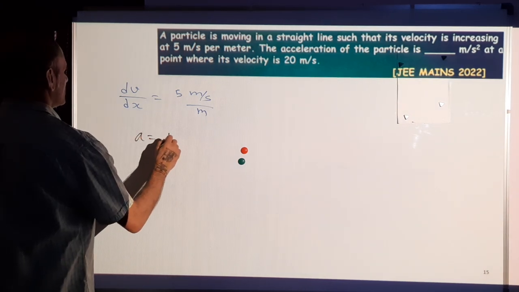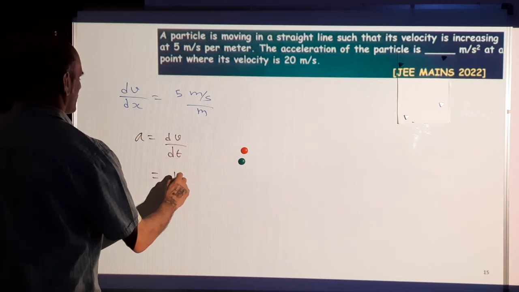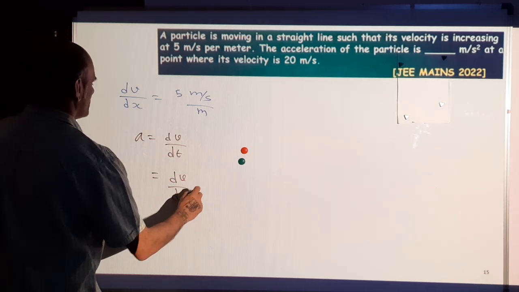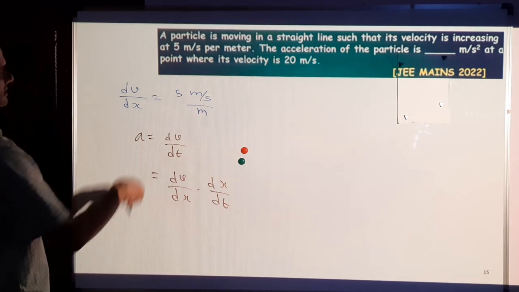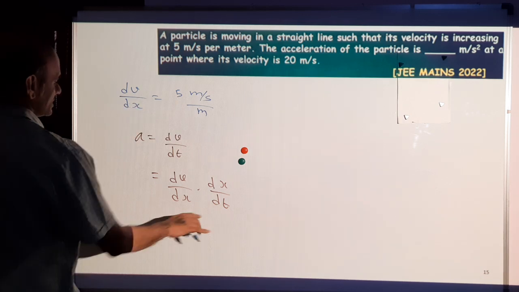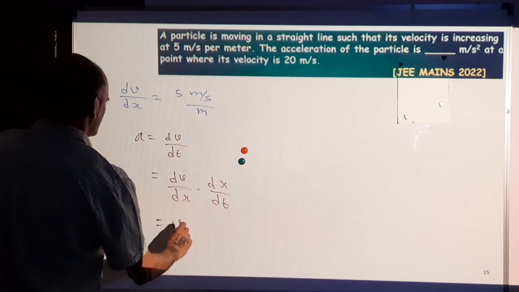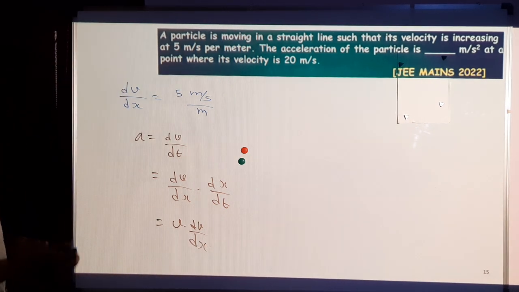Acceleration is dv by dt. This can be written as dv by dx into dx by dt. The dx and dx will cancel, because what is given is dv by dx, and dx by dt is nothing but v. So v into dv by dx.